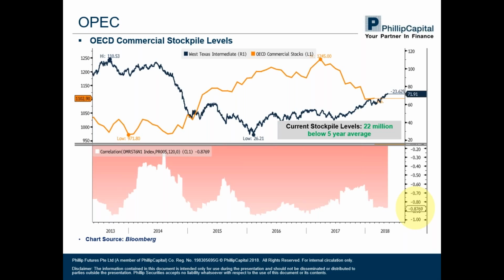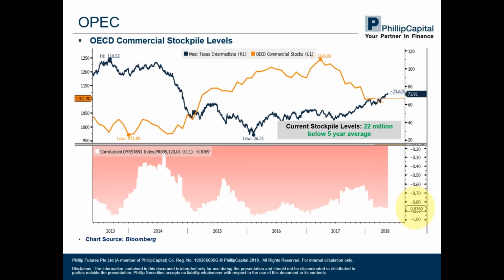So I actually created this slide to give you a viewpoint. We did a correlation coefficient measure against WTI, and there's a negative 0.8 to 0.9. So it shows that when price moves in one direction, OECD stockpile levels move in the opposite direction 8 to 9 out of 10 times.